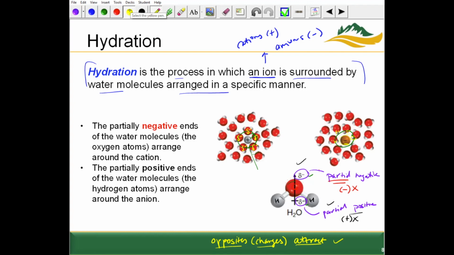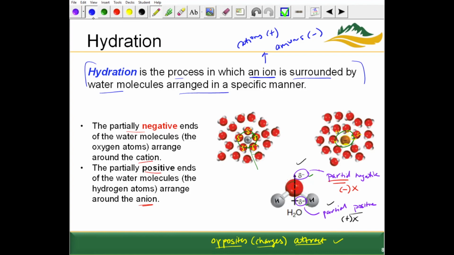So these partial positives will come closer into contact with the anion. And then you'll notice the partial negative on oxygen reorients itself to be further away from that negatively charged anion. Okay, so partial positive ends are around the anion, whereas the partial negative ends are oriented around the cation more.